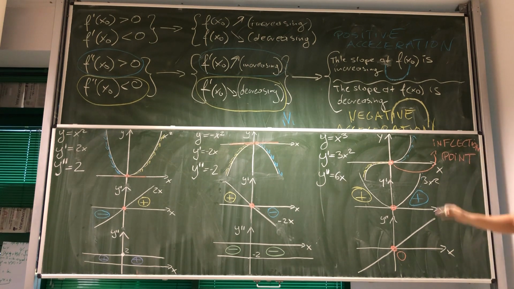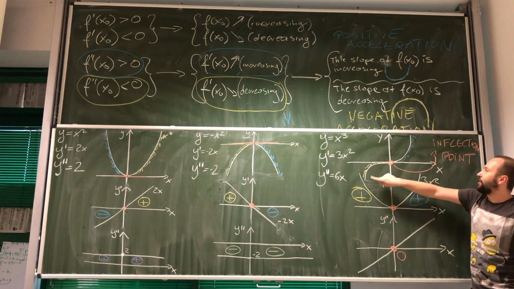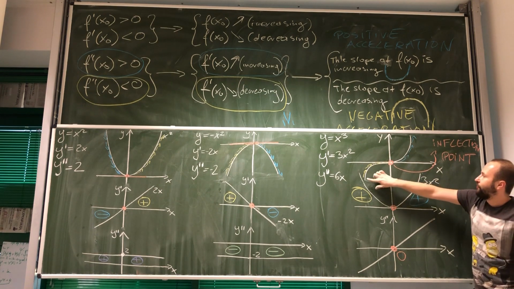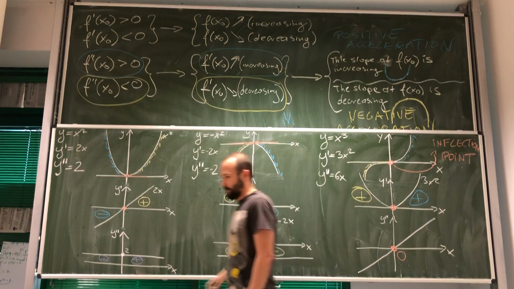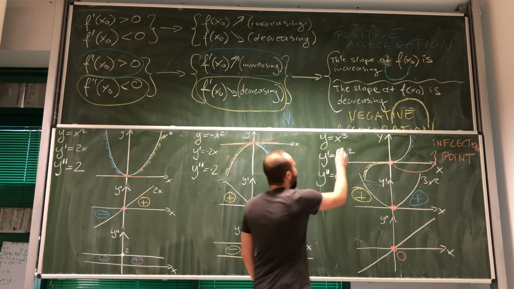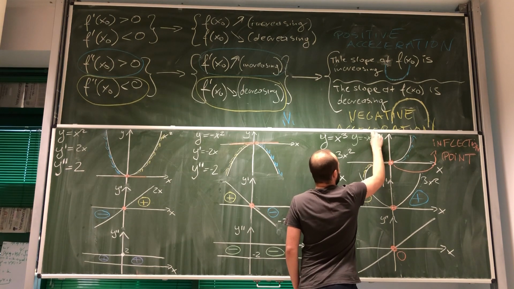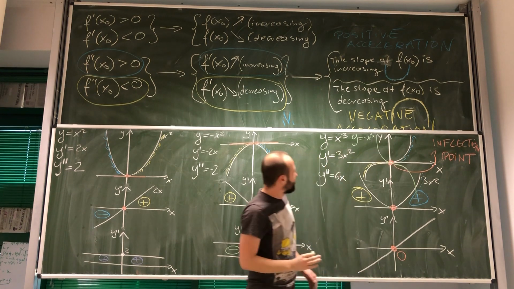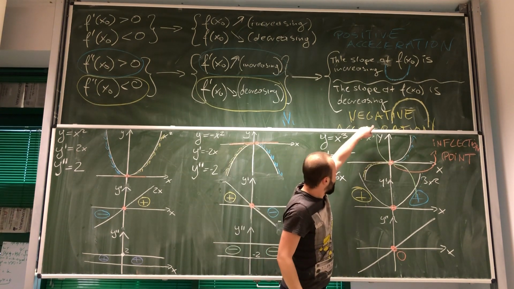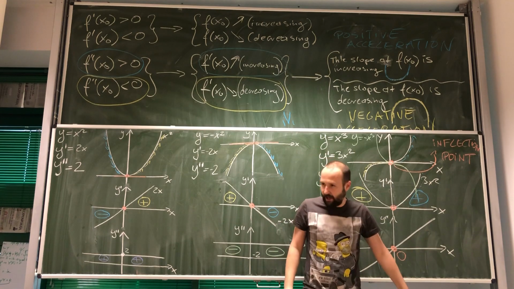And look, this is the same inflection point I've been telling you about in the previous video, but now we can actually say it in a more professional way. Look, an inflection point is a point where the curvature of the function is changing from concave to convex, or if we would have a function y equals negative x cubed, which would look like this, then we would have the opposite situation. It would be changing from convex to concave.